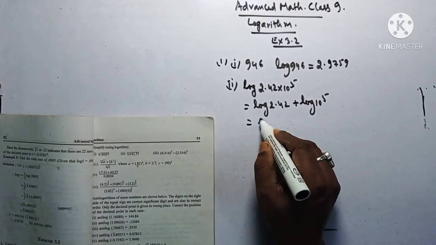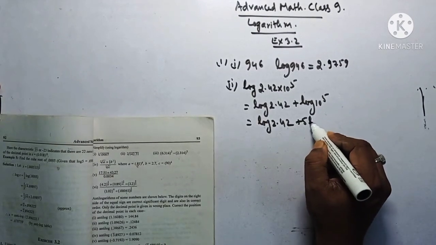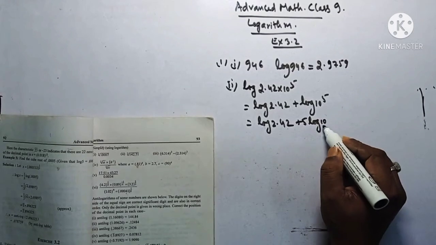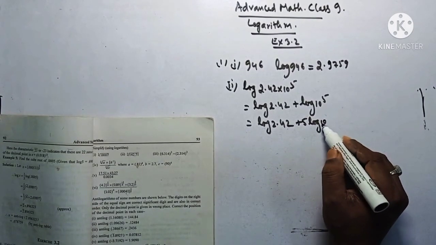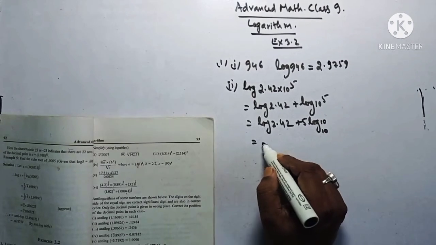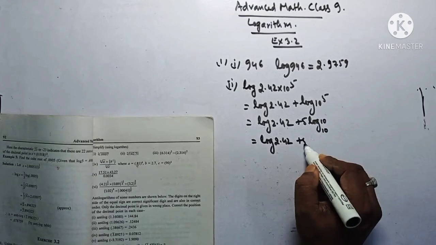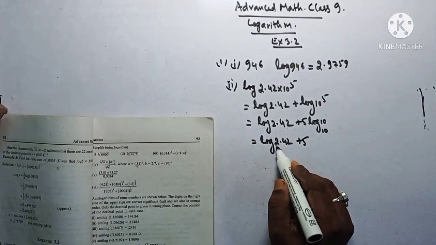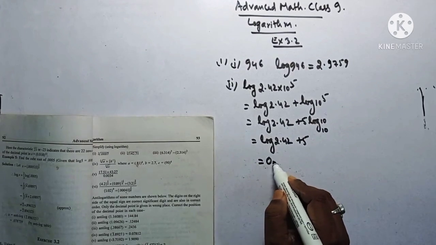So this will be log 2.42 plus 5 log 10. And you know that for log 10 the base is not given, so it is base 10. So this is 1. So this will be equal to log 2.42 plus 5. Before the decimal there is only one digit, so 1 minus 1, your characteristic will be 0.